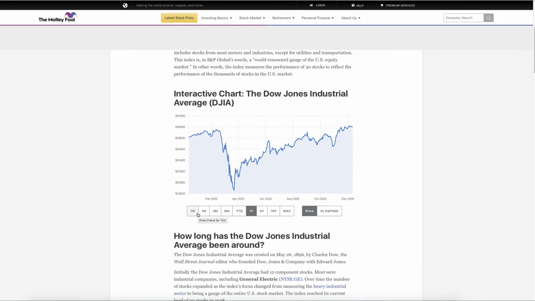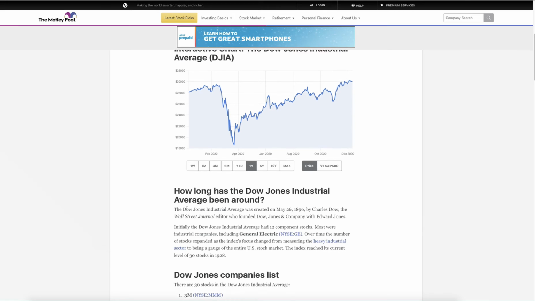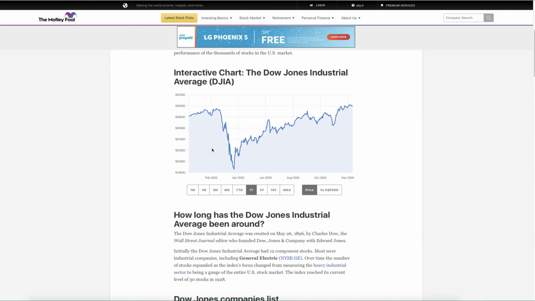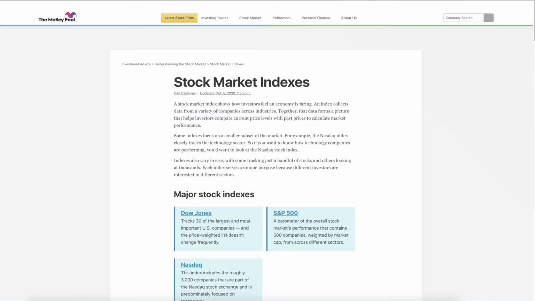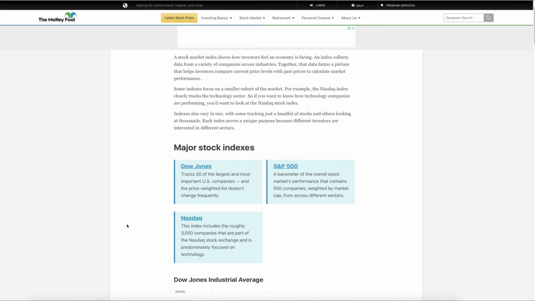So always keep in mind which index you're looking at, and just know that they all have their own movements and that they are different from each other. Even though they seem to have a lot of the same names, those names are calculated differently and weighted differently. So they give off a different trend or chart. That's what I was showing you there.